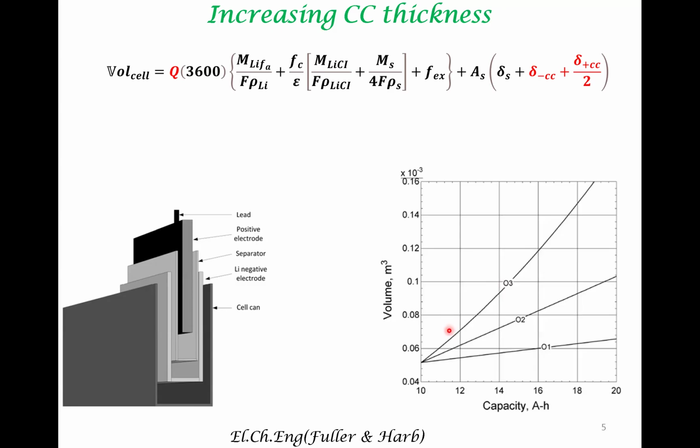So what do we exactly mean by trade-off? By trade-off, what we mean is that we may gain something, while we gain something, we are losing something. What is it that we are gaining in this third option? The third option involves not only increasing the cross-sectional area, but along with it, to decrease the resistance, we are also changing the thickness of the current collector.